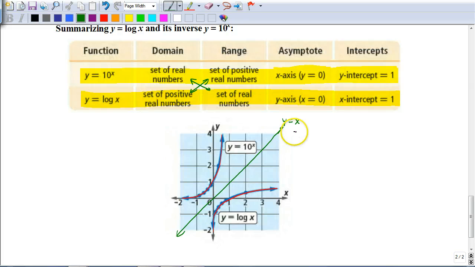That means the asymptotes are going to flip. So instead of having an asymptote of the x-axis, you can see from your graph here that you're going to have an asymptote of the y-axis, or where x equals 0. And instead of having a y-intercept of 1, these always have an x-intercept of 1. So those are some important things to notice.